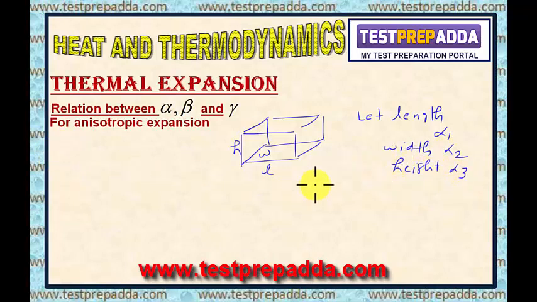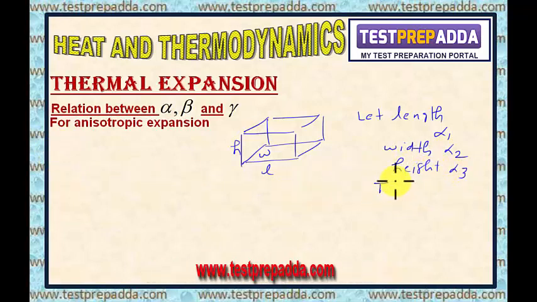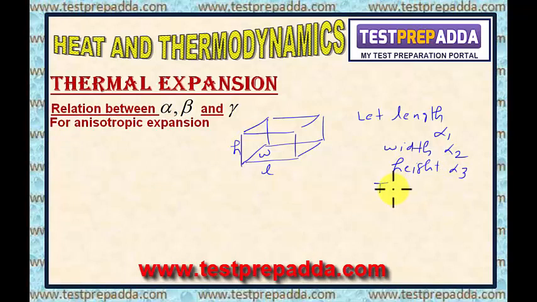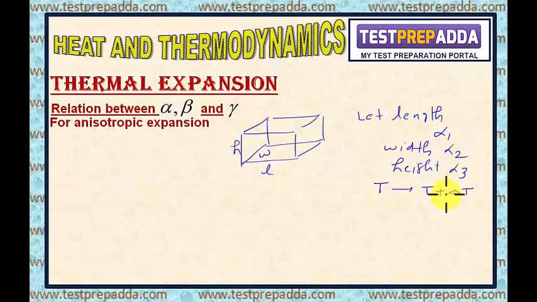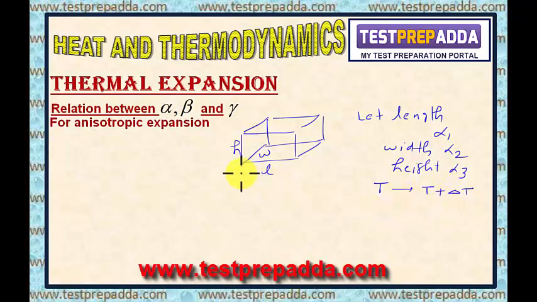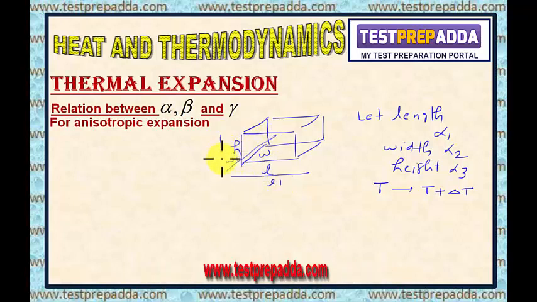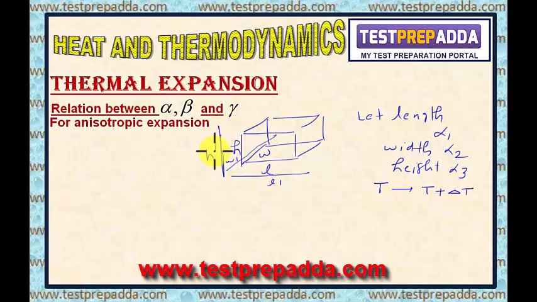Now in this case, when temperature is increased from T to T plus delta T, let us say length becomes L dash, width becomes W dash, and height becomes H dash.